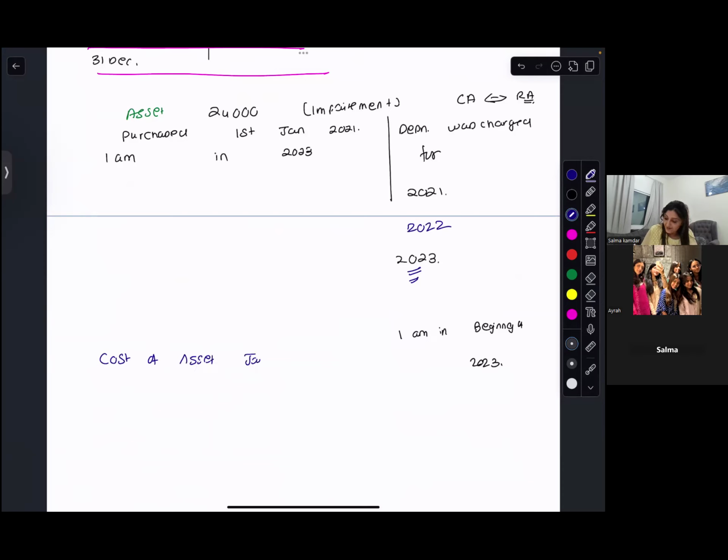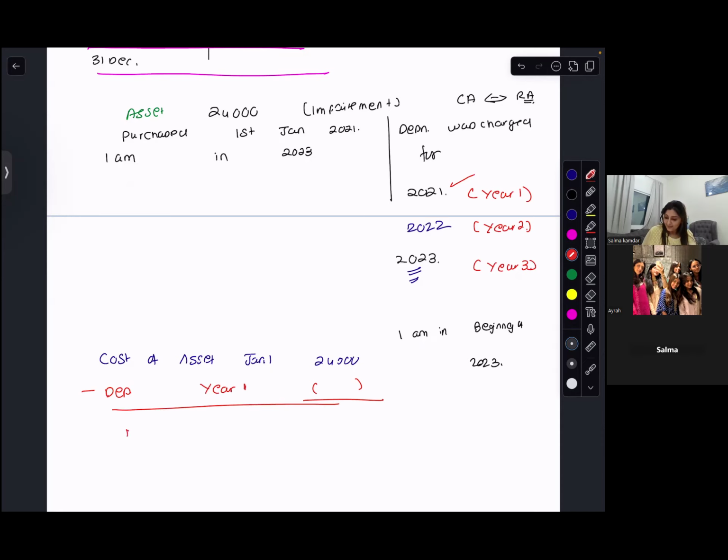Cost of asset on Jan 1 was 24,000, minus depreciation, and the depreciation policy is the written down value method. Year 1 would be 2021, year 2 would be 2022, and year 3 would be 2023. So I will have net book value at 31st December 2021. Are you with me?